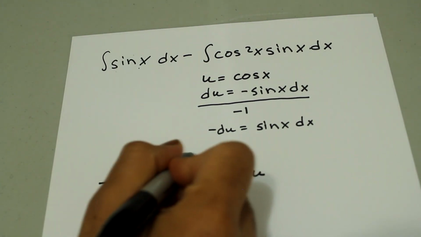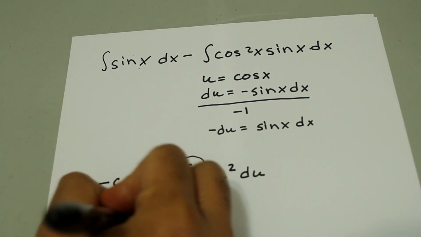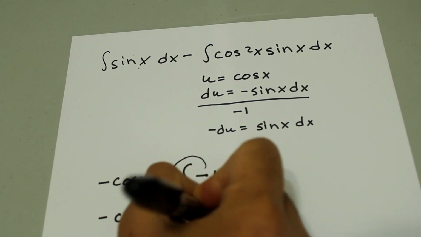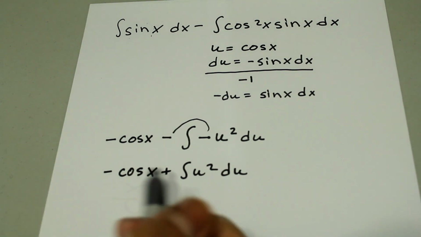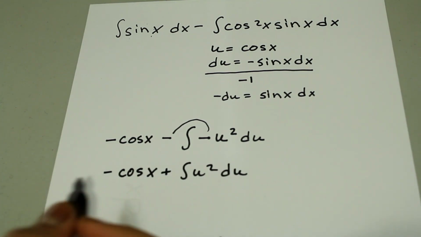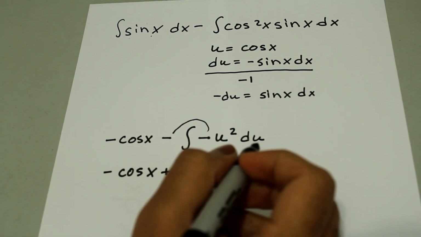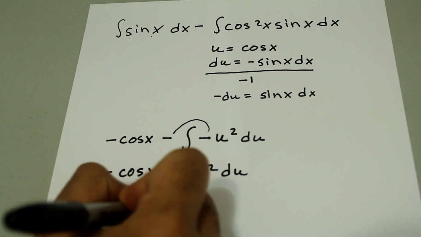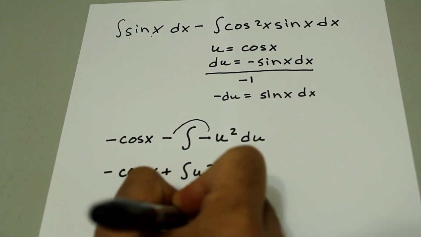And now I can take the negative out, and that just becomes negative cosine x plus integral of u squared du. And now this is just how we would integrate anything else. Just add a 1 to the exponent and divide by that new exponent. So we have negative cosine of x plus u cubed divided by 3.